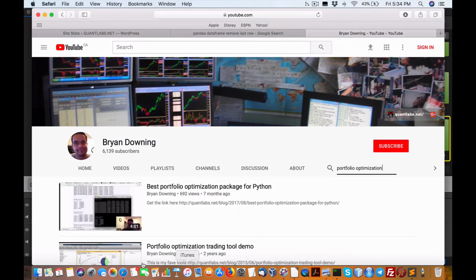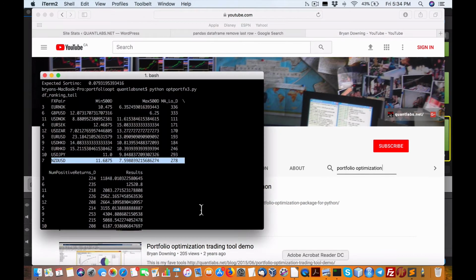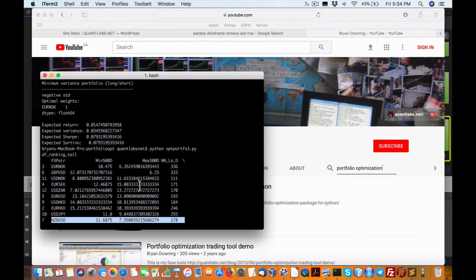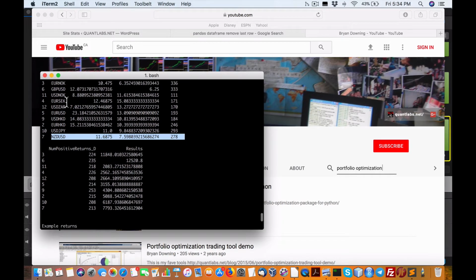Essentially I've got a script that will analyze the currency pairs based upon the historical data that I have of the 500 days. Gives me the ranking, as I said, Euro Norwegian kroner and the British pound USD were the two best. And I also combine that with New Zealand and USD as a poor performer.